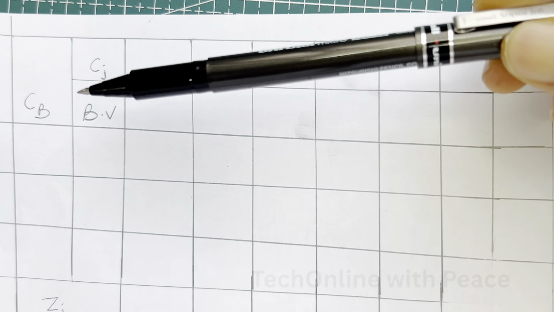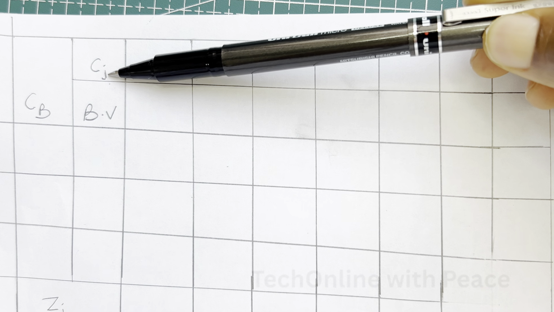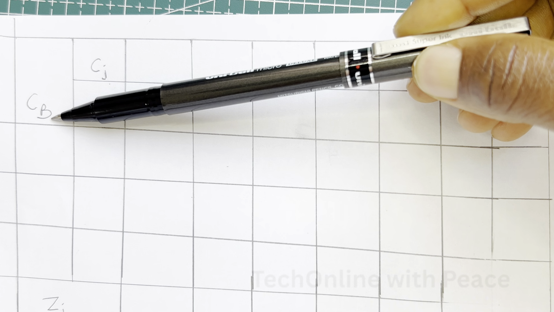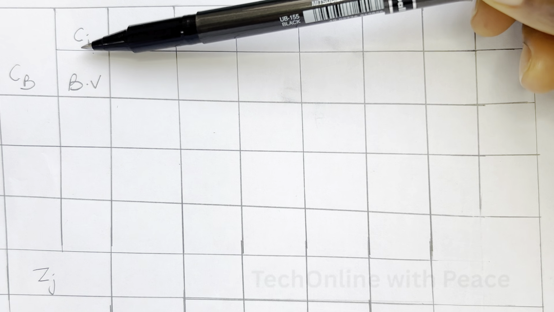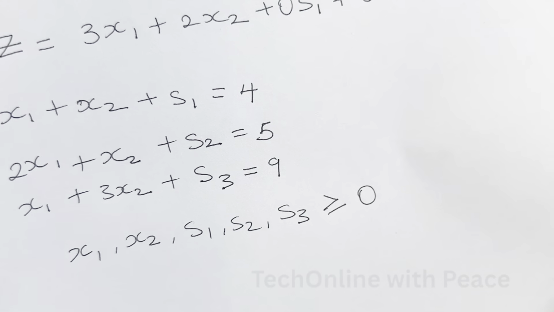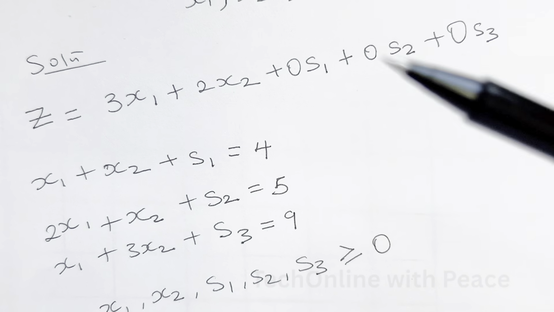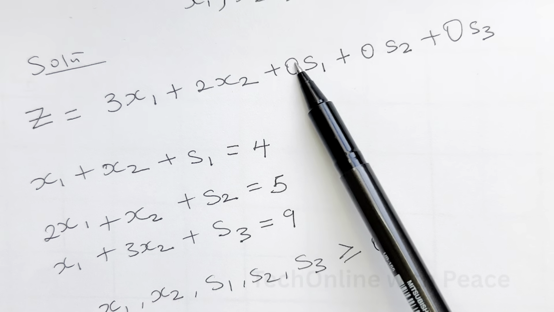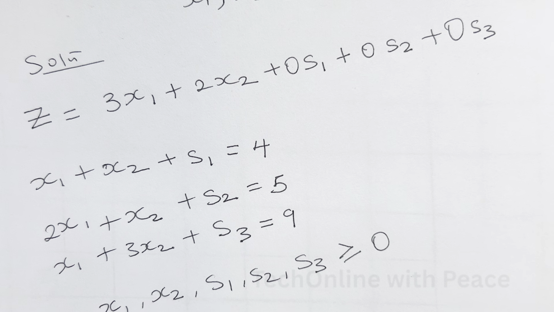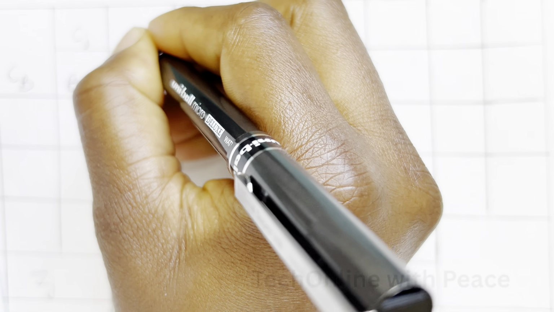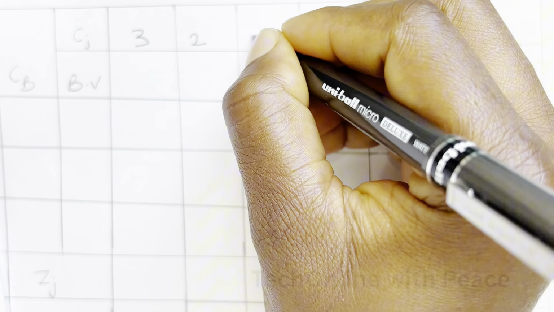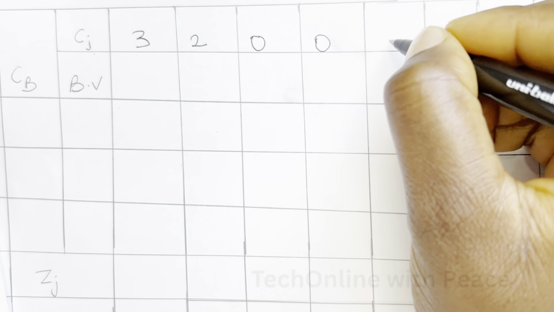This is our table, where Cj is the coefficient of the objective function, Cb is the coefficient of the basic variable, and Bv is the basic variable. We also have Zj. Cj is the coefficient of our objective function, and from the question given to us, we have 3, 2, 0, 0, 0. So we represent it on the table: 3, 2, 0, 0, 0.